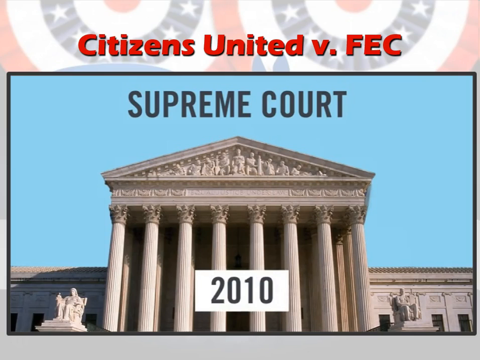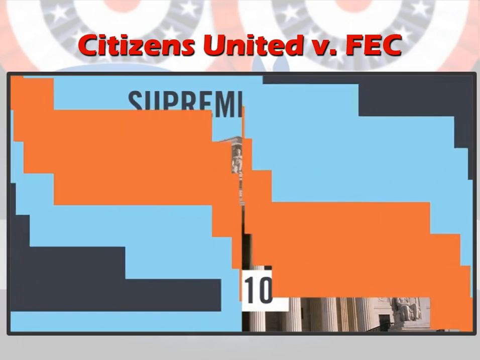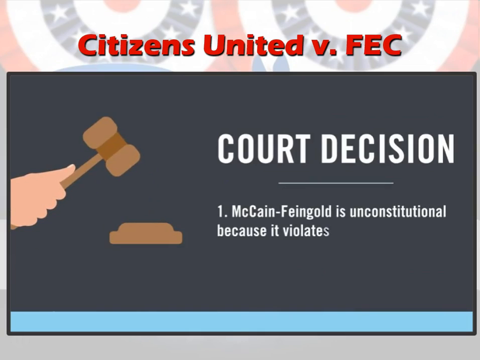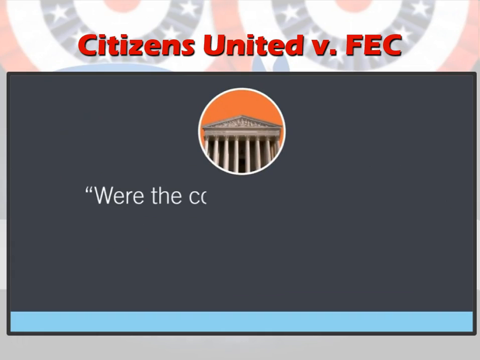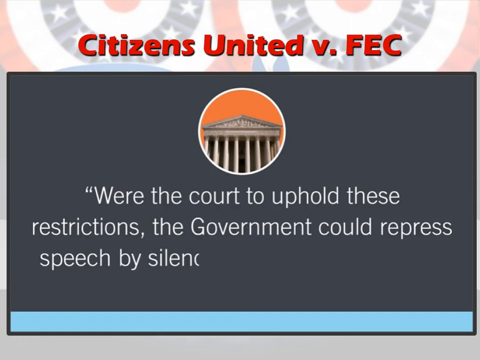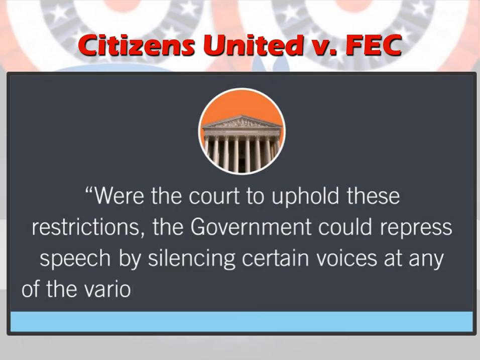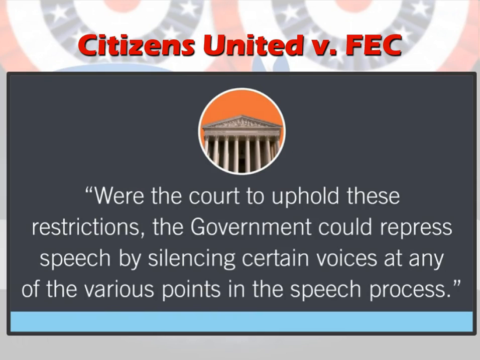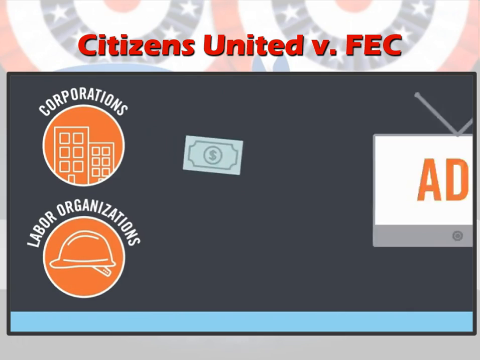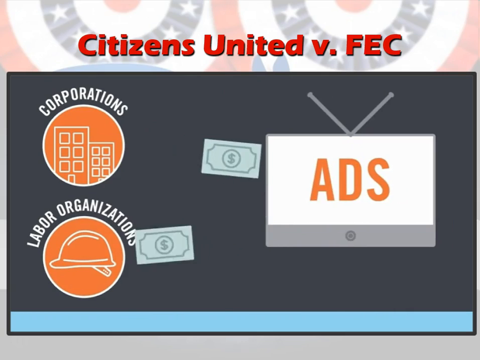Because of the ongoing debate about money in politics, the case went before the Supreme Court in 2010. In a 5-4 decision, the Supreme Court ruled that the McCain-Feingold Act's ban on corporate and union expenditures was unconstitutional because it violated freedom of speech. The opinion for the court said, were the court to uphold these restrictions, the government could repress speech by silencing certain voices at any of the various points in the speech process. In the end, the decision allows corporations and unions to spend unlimited sums of money on ads and other political tools.